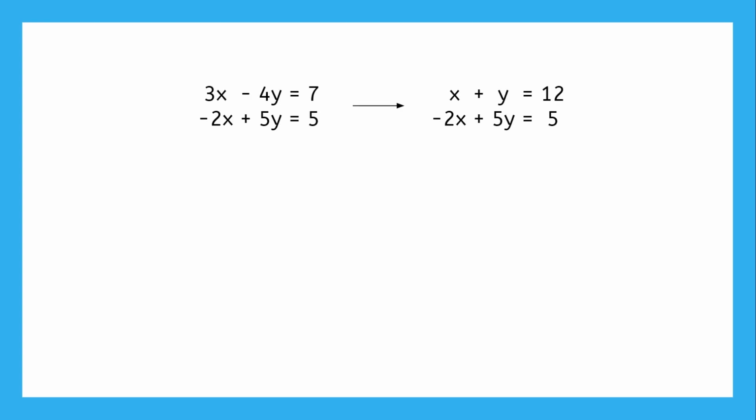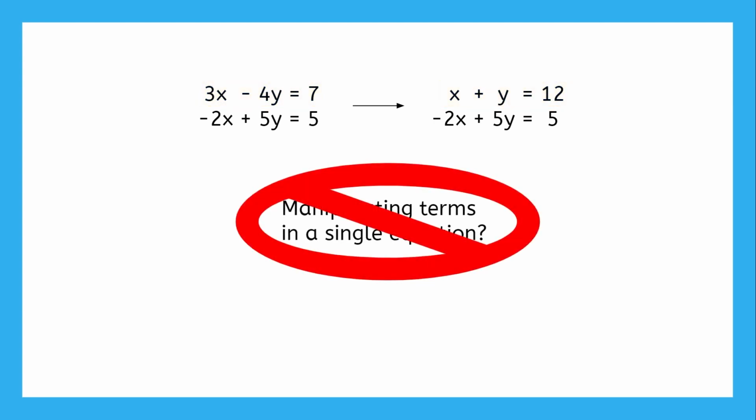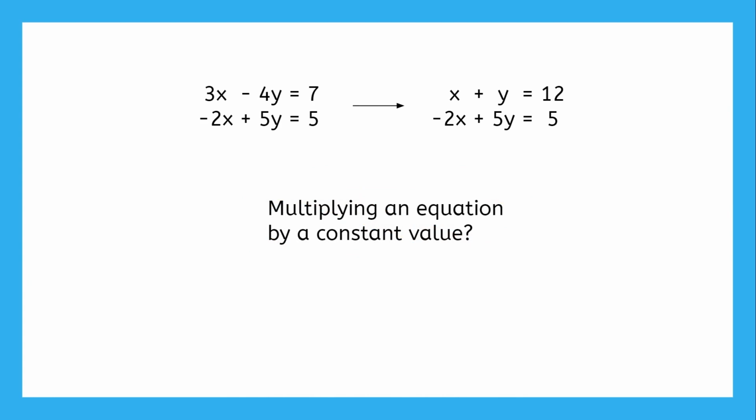What would we have to do to create this equivalent system? Notice that the second equation remained the same, so somehow the first equation was changed. Were the terms moved around? No, the x, y, equals, and constant are still in the same order for both equations. Did we multiply the first equation by some value?